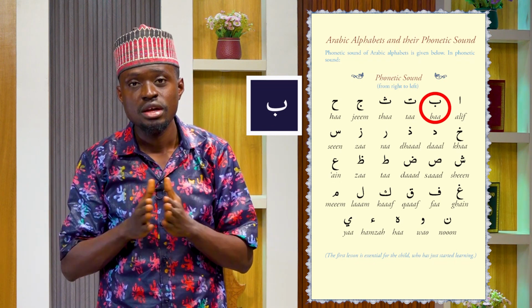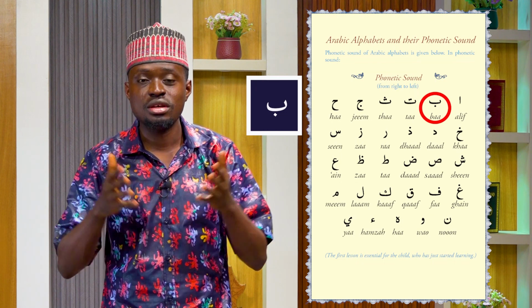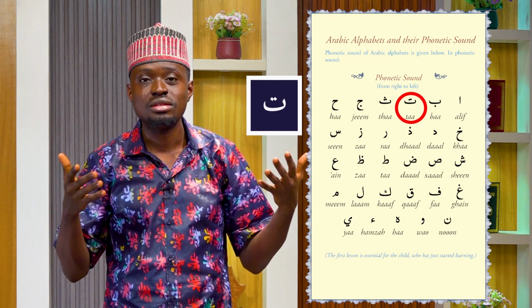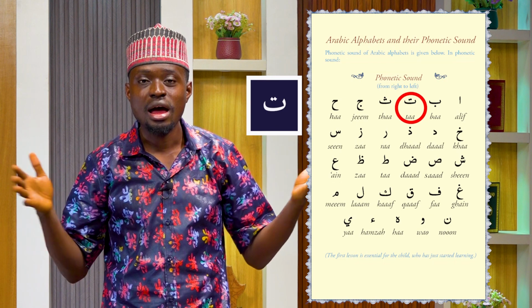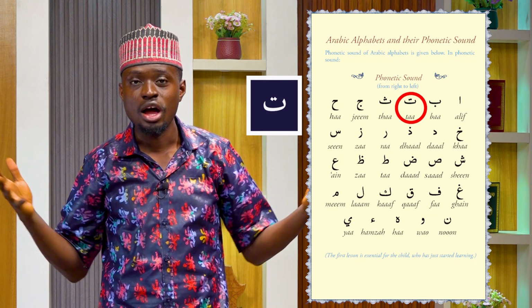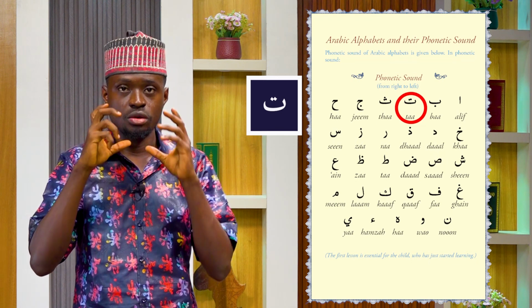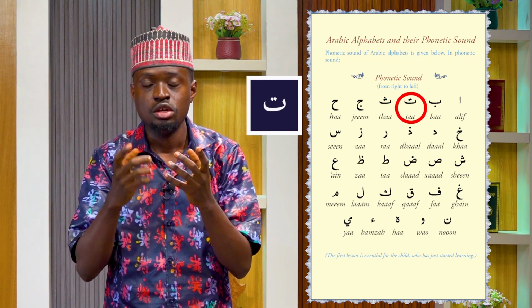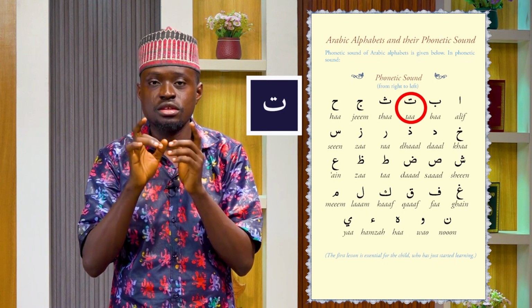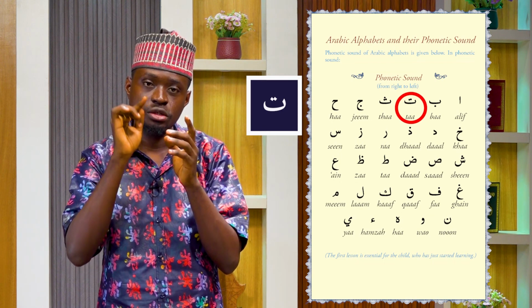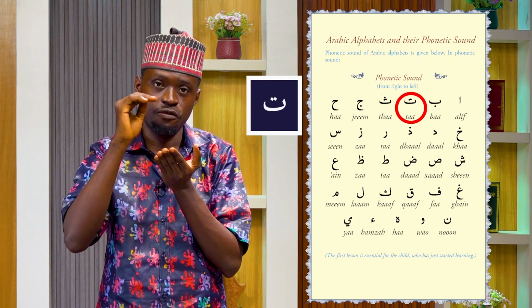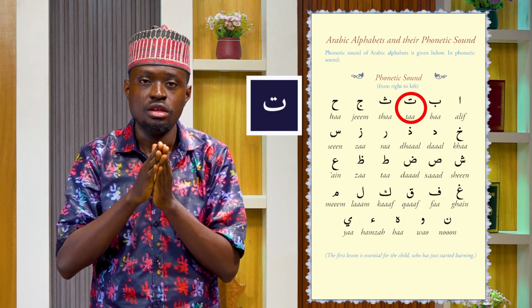Then the third letter in Arabic language is Ta. Ta. When you study the position of your tongue while producing this sound, you will observe that the tip of your tongue is somehow touching the upper part of the upper teeth.